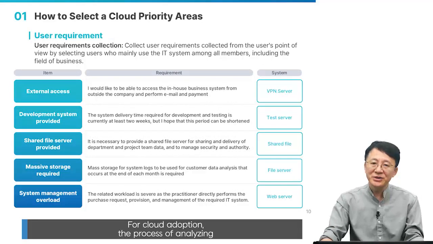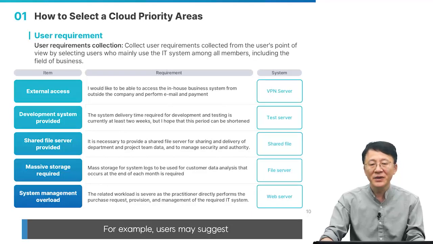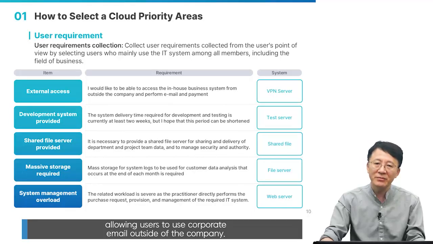For cloud adoption, the process of analyzing the requirements of business personnel and IT system users is also important. For example, users may suggest allowing users to use corporate email outside of the company. Development team members may suggest the provision of a complete development environment in order to shorten the software development period.